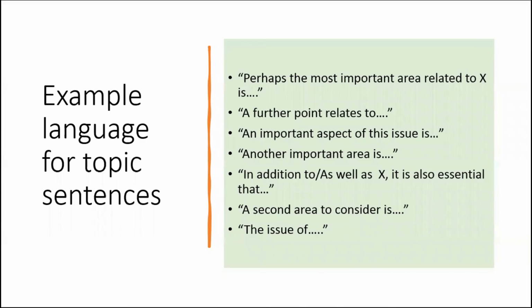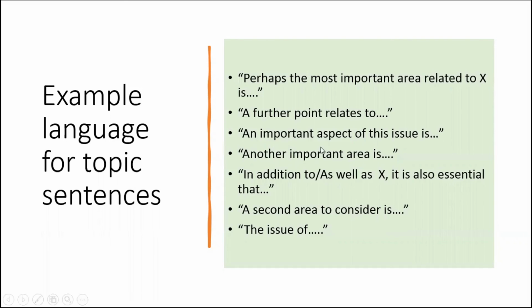Also, you need example language for topic sentences. These can be called transition signals or transition phrases. These can be good, useful phrases to put at the beginning of each of your main body paragraphs, so the reader knows that, say, your third or fourth main body paragraph is still connected to the previous one. There are other things we can say, but these phrases can be an easy way in to beginning your main body paragraphs.